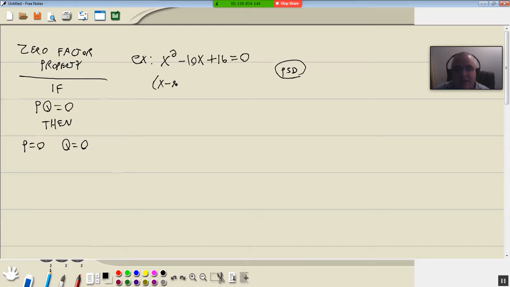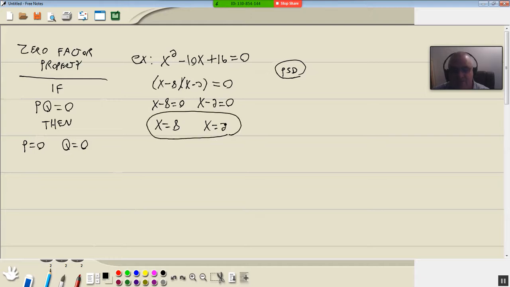So this factors as x minus 8 times x minus 2 equal to 0. So if you get 0 on one side and you factor the other side, you can apply this property. And that says you can set each factor equal to 0. So I'll set x minus 8 equal to 0, and x minus 2 equal to 0. And then you solve those and you get x equals 8 and x equals 2. And those would be your answers.